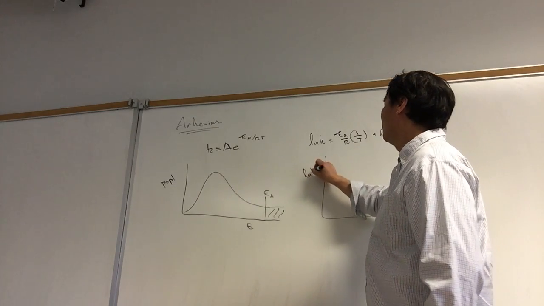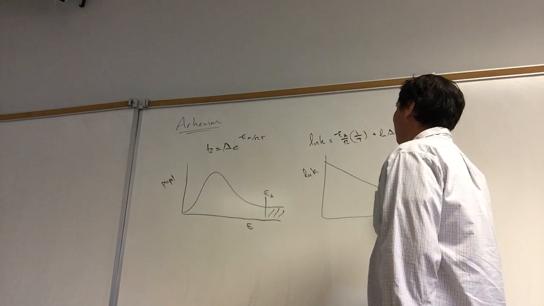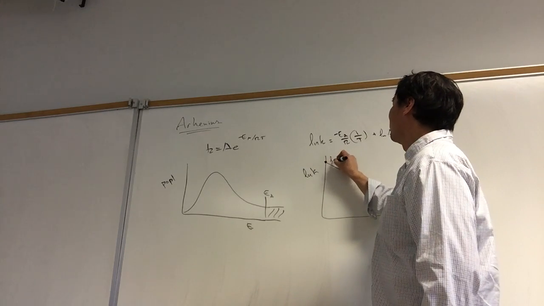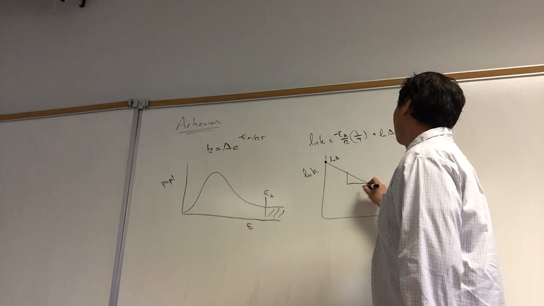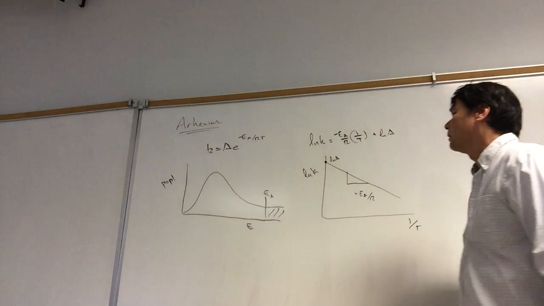But if we plot the ln of k versus 1 over the temperature, then at the intercept we get ln of A, and the slope gives us minus EA over R. And so we can get this.